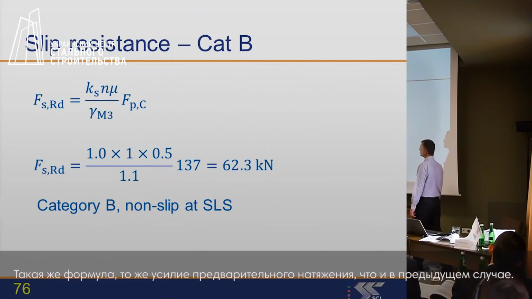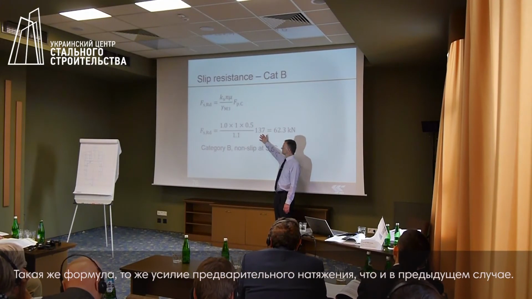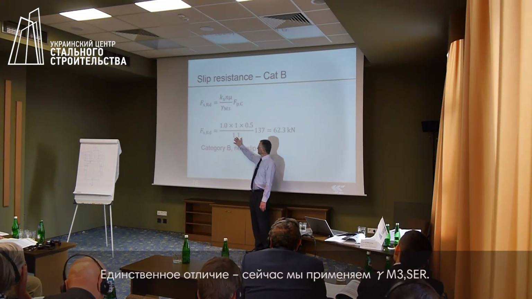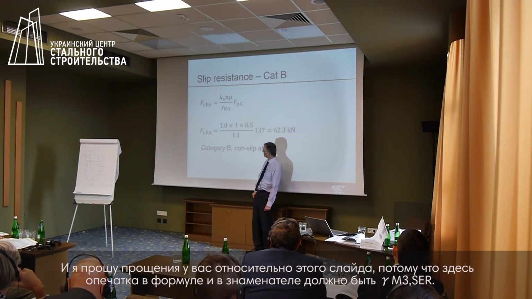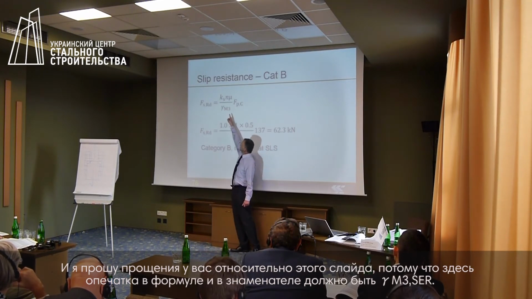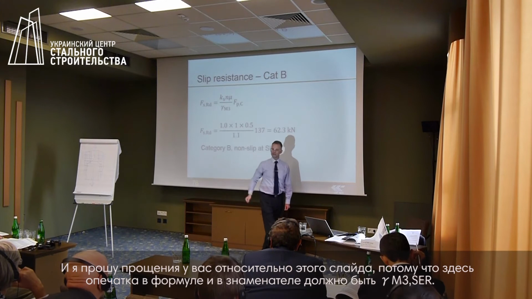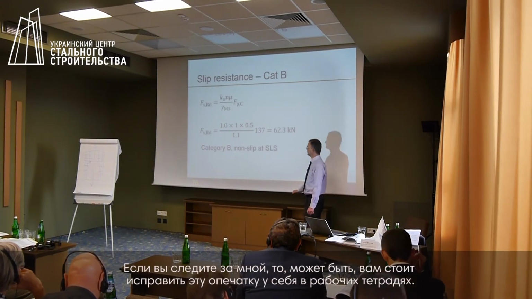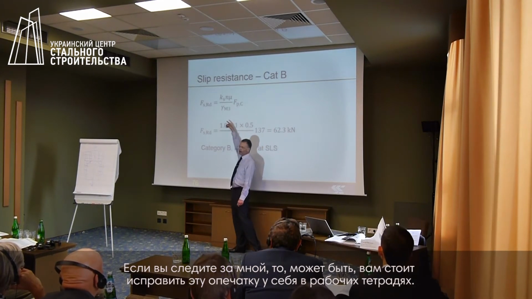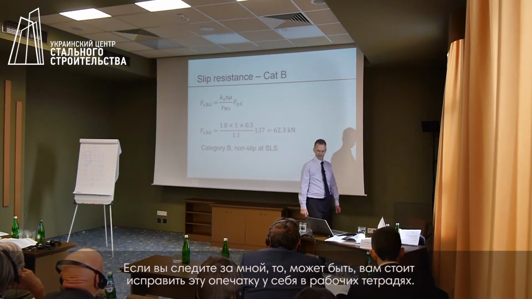Category B, same expression, so same preloading force that we've just seen, but now we're using gamma M3,ser. And I apologise, ladies and gentlemen, about this slide, because that should be gamma M3,ser. So if you're keeping pace with me in the notes, maybe you ought to add comma ser. I hope that's clear.